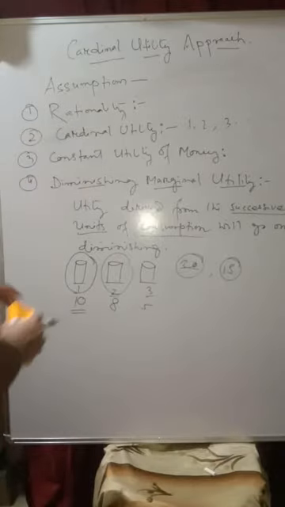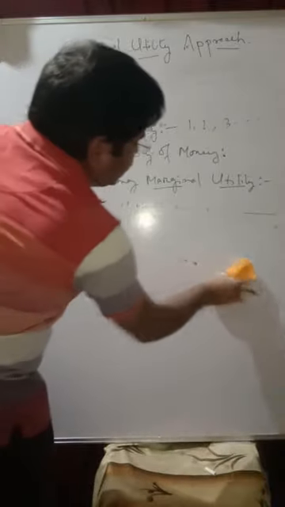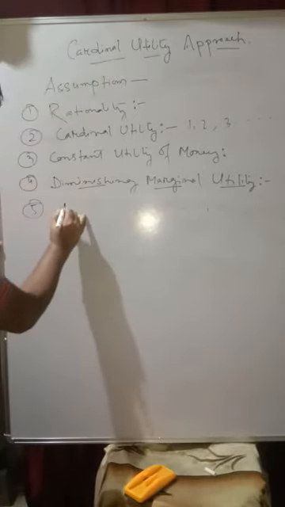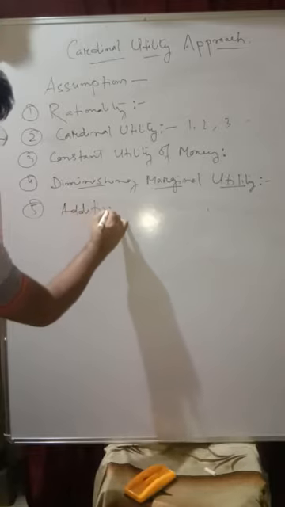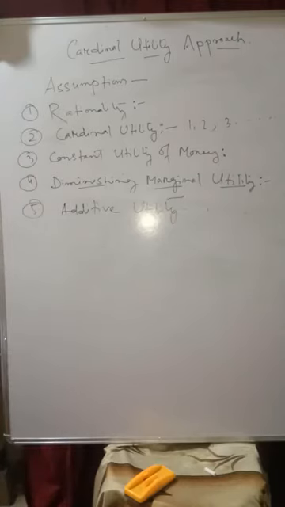And lastly, according to the cardinal utility approach, utility is additive in nature. Additive utility. Under additive utility, the utility derived from various goods and services consumed by a consumer can be added together to obtain the total utility.